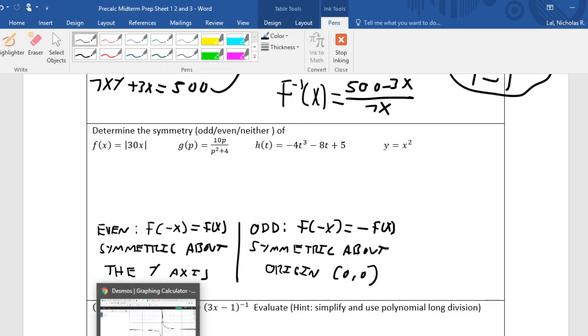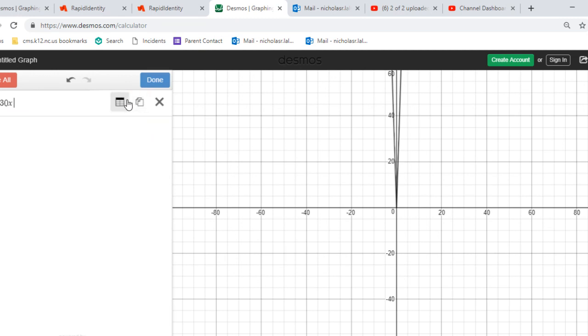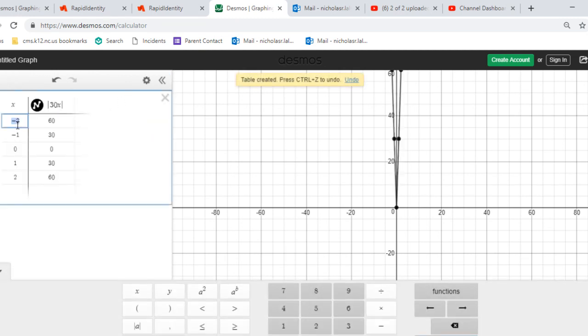So the absolute value of 30x. Now I can see that this function is symmetric about the y-axis, but furthermore, let's look at the table. Negative 260, negative 130, 130, 260. So regardless of whether my input is negative or positive, as long as it is the same in absolute terms, the output's the same.